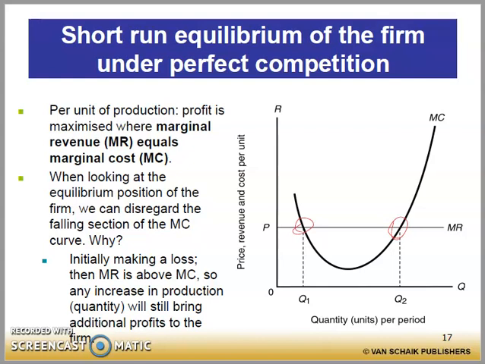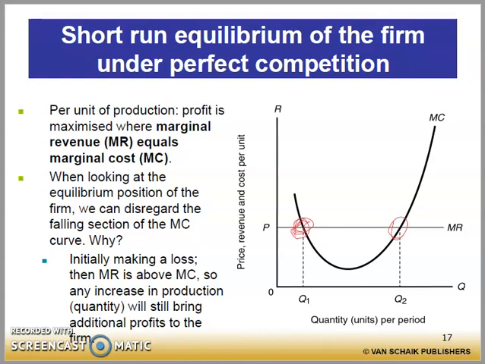This is because at Q1, losses are maximized instead of profit being maximized. That is at the point where the marginal revenue is equal to marginal cost along the falling part of the marginal cost, such as Q1.